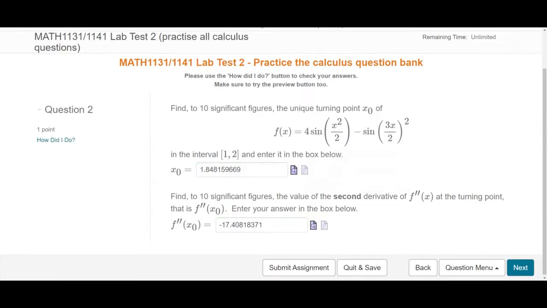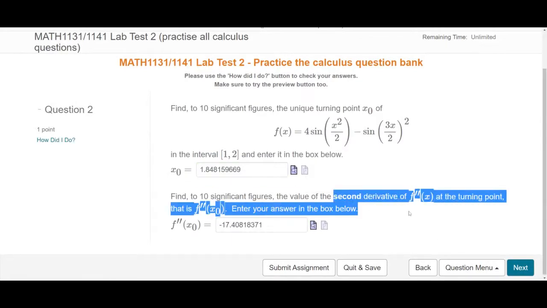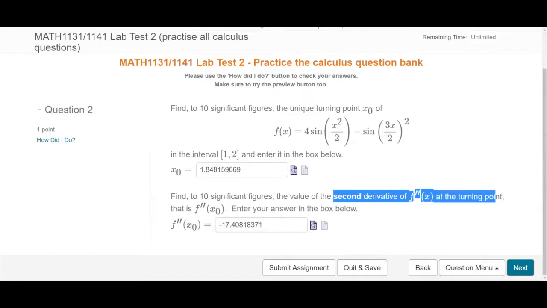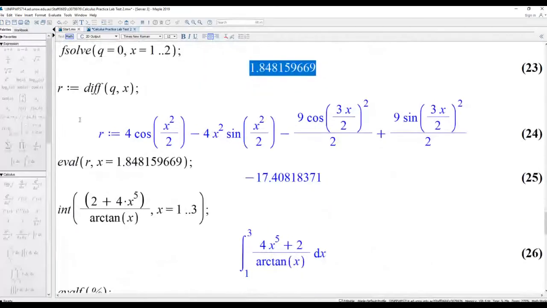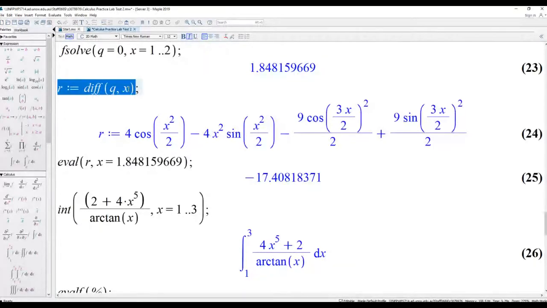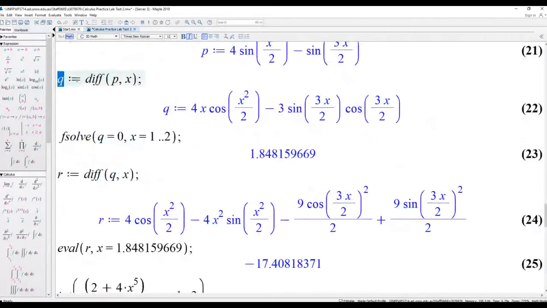Great. All right, so the same procedure now, second derivative of f double dash at the turning point. Okay, so let's go back to our Maple window. And you can see here, I've just differentiated the derivative, right, with respect to x.